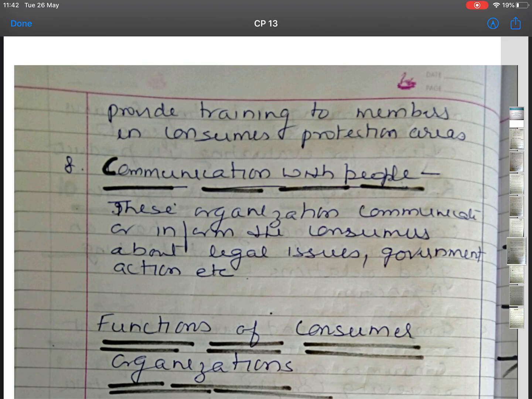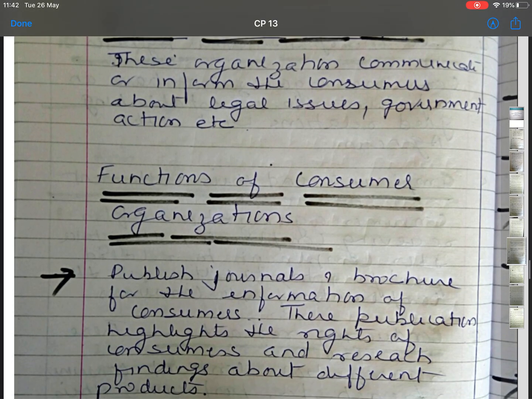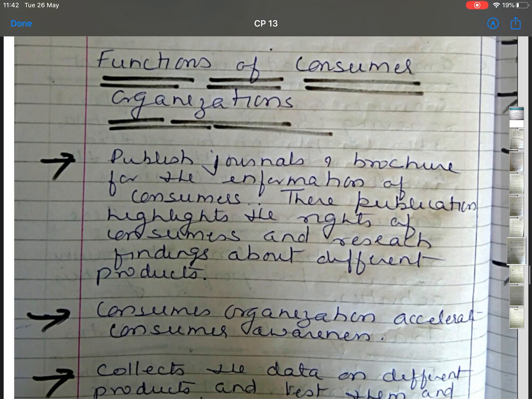Now, the next topic is functions of consumer organizations. Consumer organizations play a very important role and they play different functions for protecting consumers. They publish journals and brochures for the information of consumers.